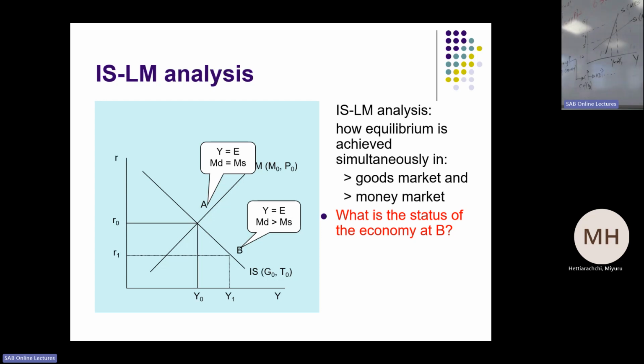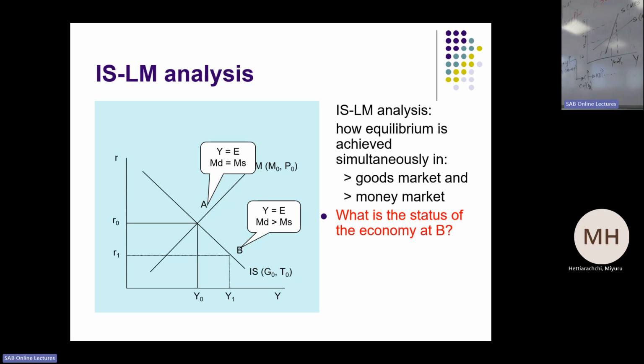Any point above the LM curve, what is happening? There's excess money supply. Right? Any point below the IS curve, what happens? There's excess demand for goods, excess aggregate demand. Any point above the IS curve, there's excess aggregate supply. So that is the situation we can see.